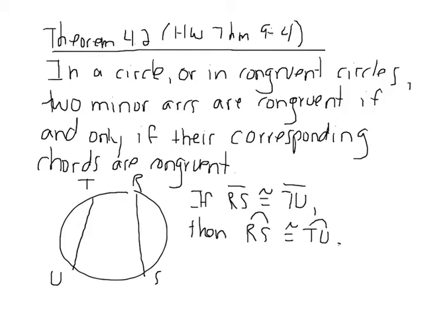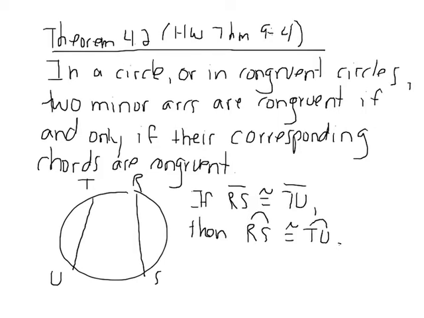And since it's an if and only if statement, the converse is true as well. That is, if arc RS is congruent to arc TU, then segment RS is congruent to segment TU.